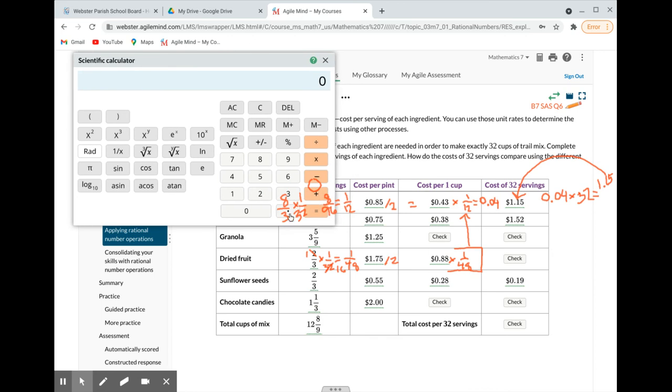So I have 88 cents. And I'm going to divide it by 48. And we get this. Okay? That's for 1. So how would I figure out how much it is for 32? Good. So what's it going to be when we round that? Is it going to be 58 cents or 59 cents? 59. Let's check it. Does that look right? Yes, sir.